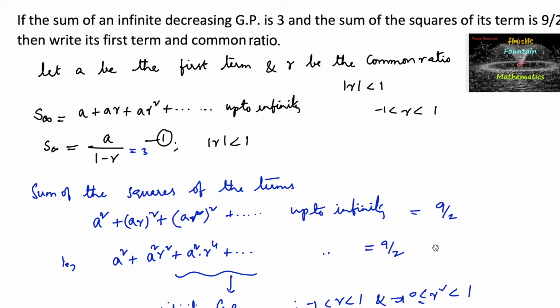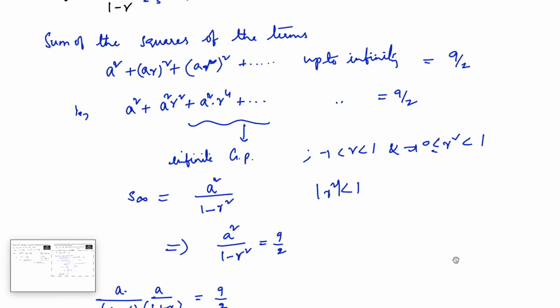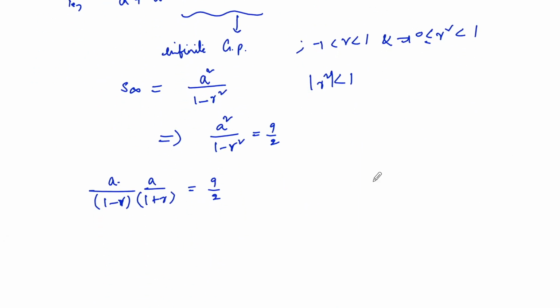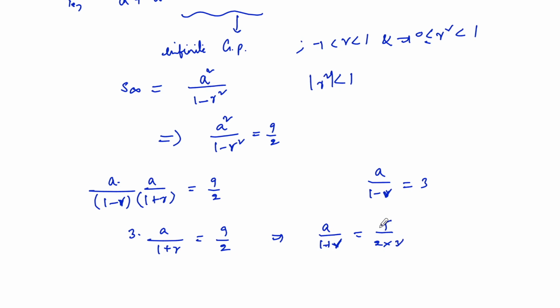So from the first one, since a upon 1 minus r is equal to 3, let us substitute here 3 times a upon 1 plus r is equal to 9/2, or we can write a upon 1 plus r is equal to 9/2 divided by 3, which is equal to 3/2.